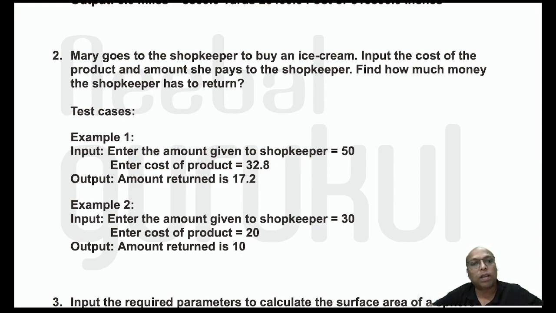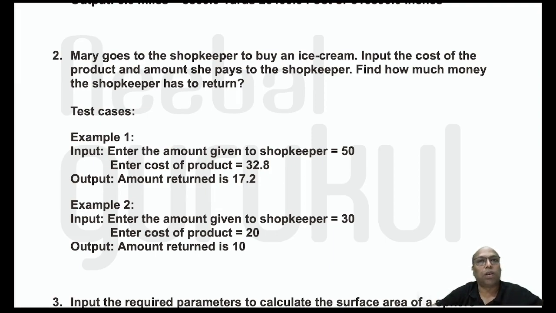Input the cost of the product and the amount she pays to the shopkeeper, and find how much money the shopkeeper has to return. So the sample input is given. If the amount paid is 50 and the cost of the product is 32.8, I should get the output 17.2. This is what I should get.